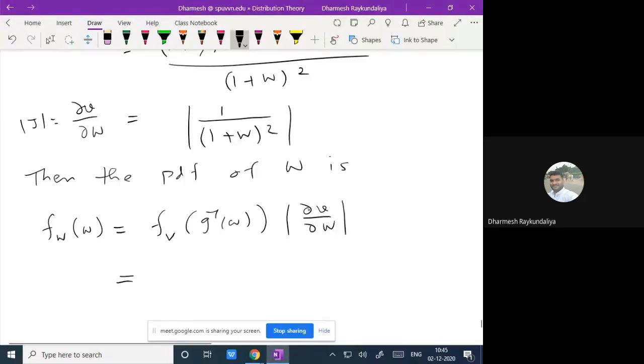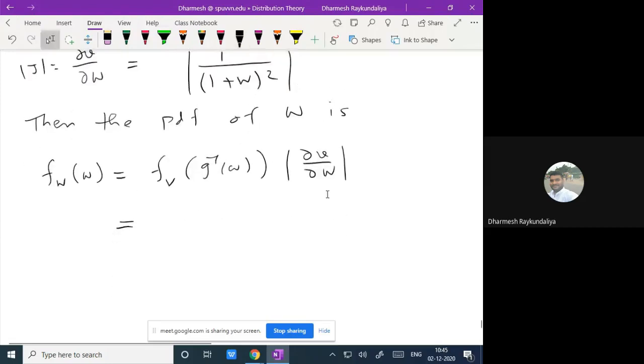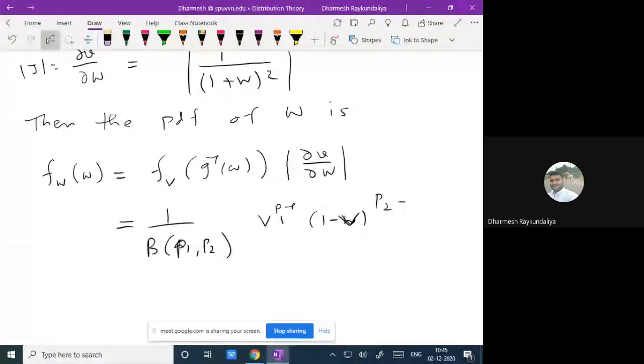What was the form given? It is a beta kind 1, beta p1 comma p2, so we have v raised to p1 minus 1, 1 minus v raised to p2 minus 1, and this is the del v by del w.